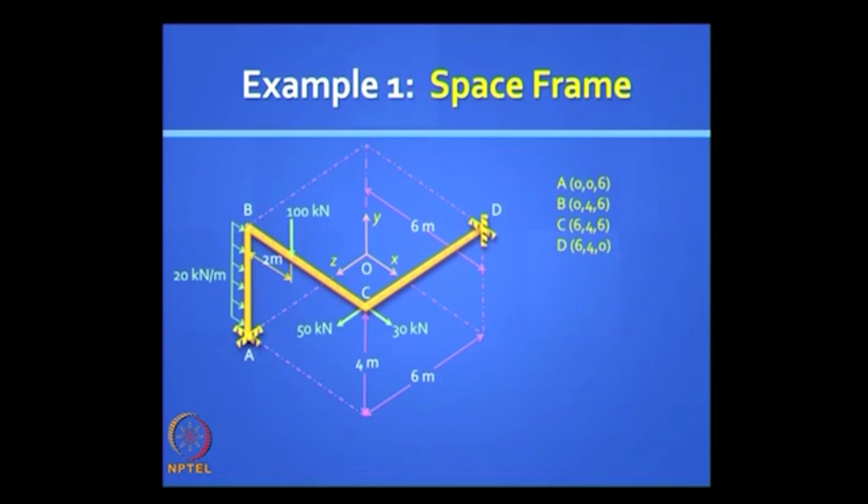You will have axial forces, you will have shear forces in vertical and horizontal planes, you have bending in the vertical plane and horizontal plane, you will also have a twisting moment in all of them. So this is really a great problem to solve.